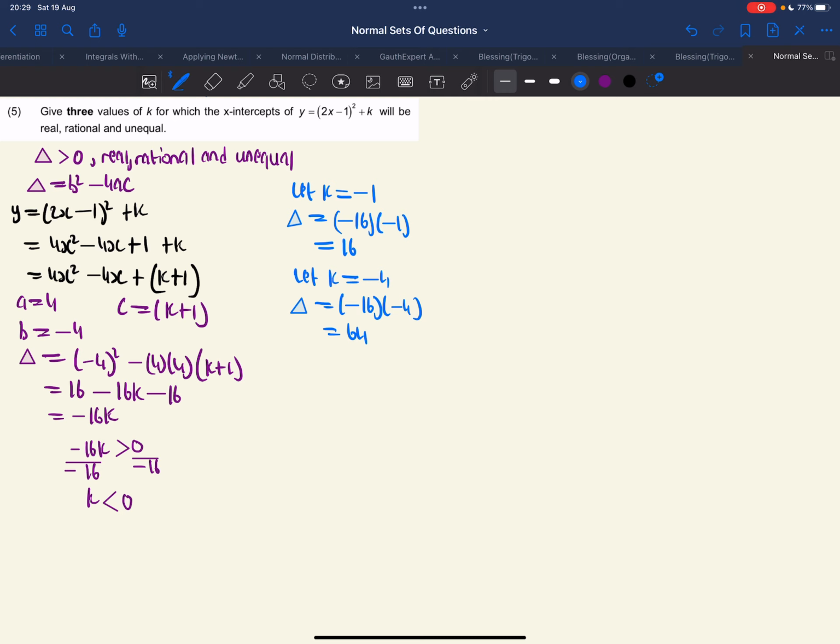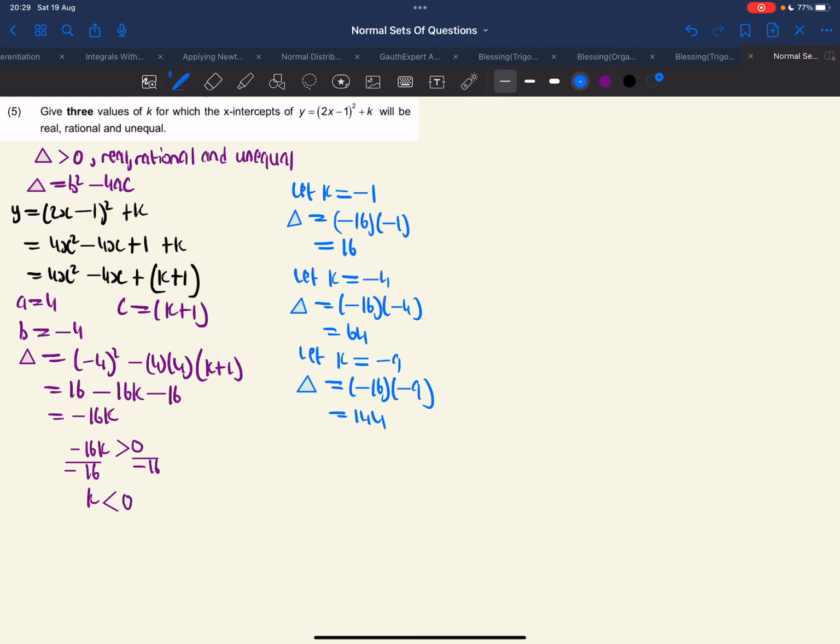Then we can say let k equal -9. Our discriminant is -16 times -9, you get 144, and that is a perfect square, so the root is rational.